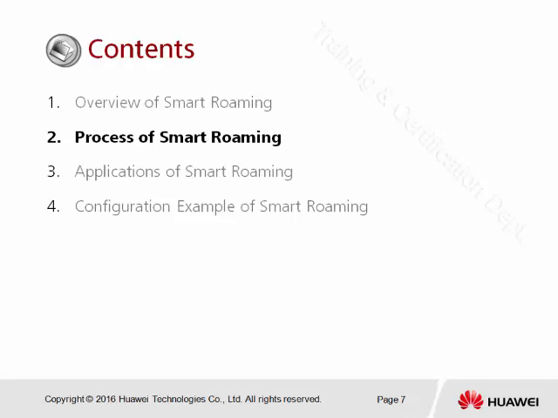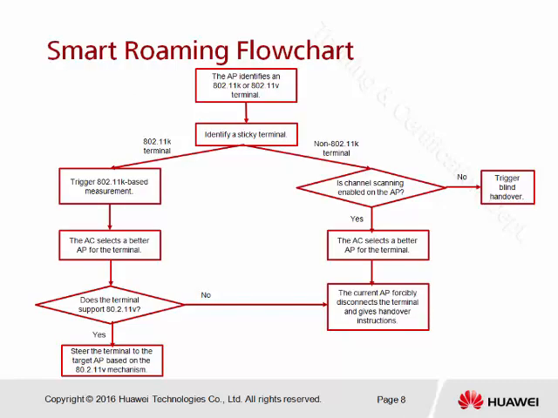Content number 2, the process of smart roaming. Here is the flowchart for smart roaming. At the beginning, the AP will identify 802.11k and also 11v. It will check on the sticky terminal, the STA, whether the STA supports 11k or not.